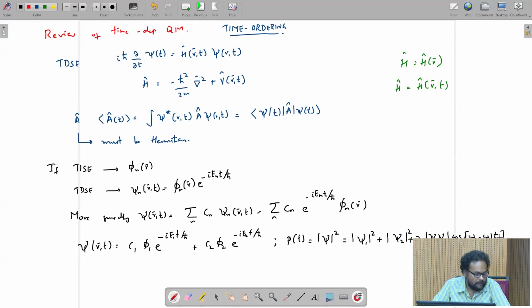The state of the system that gives rise to this time dependent oscillation in the probability density is referred to as the coherent superposition state, or simply, for the sake of convenience, coherence.